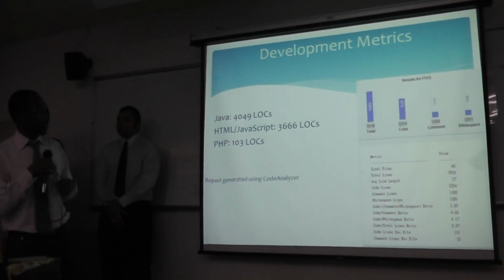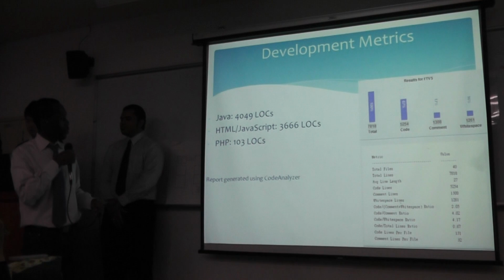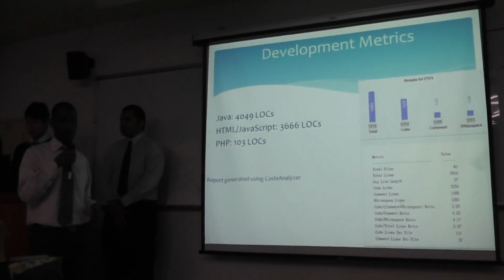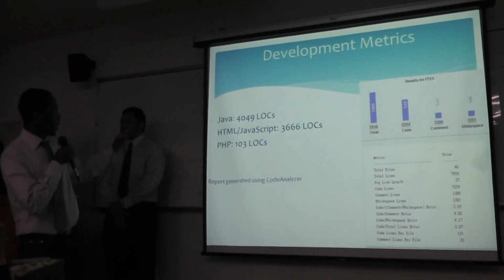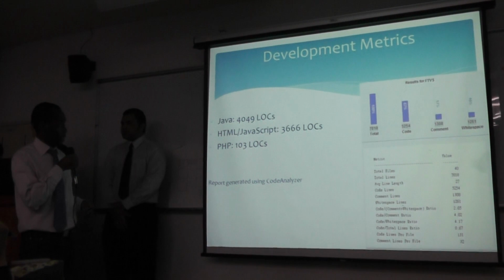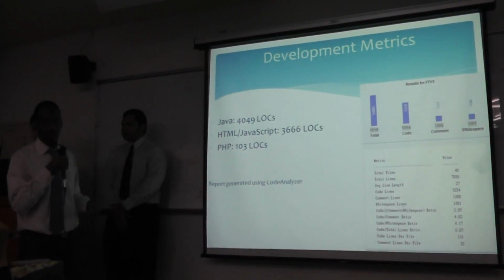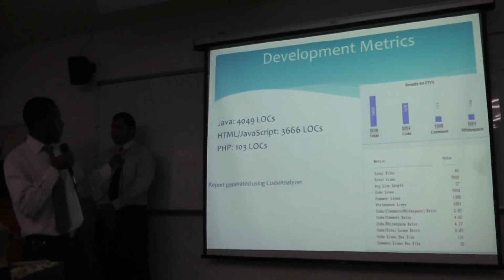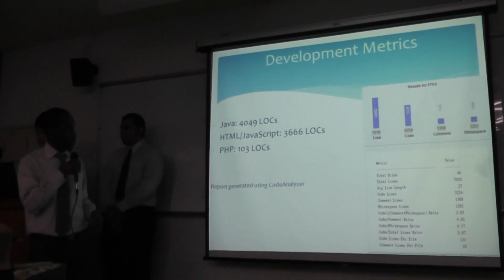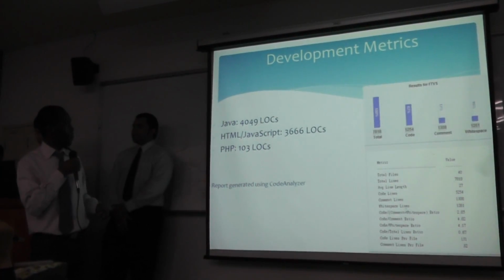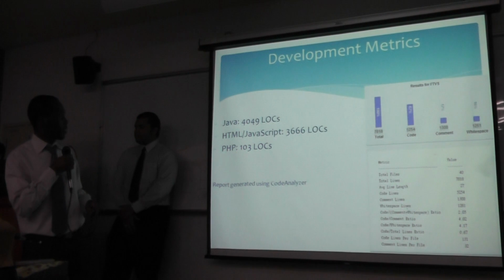And these are the development metrics, which are the number of lines of code. We have 4,049 lines of code for Java and 3,666 lines of code for HTML and JavaScript.